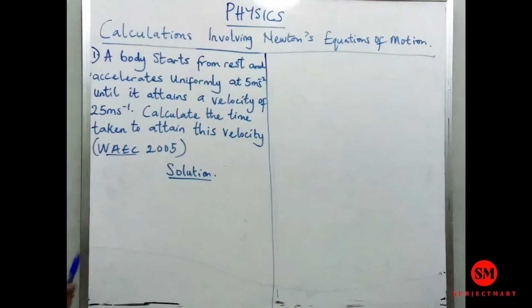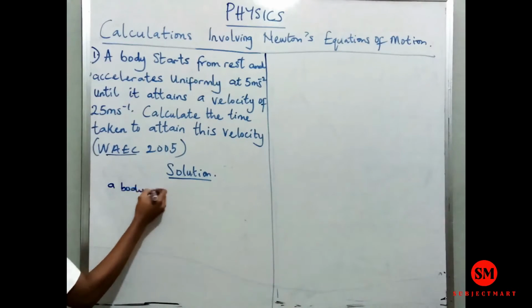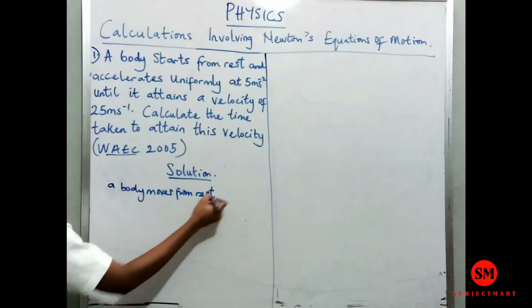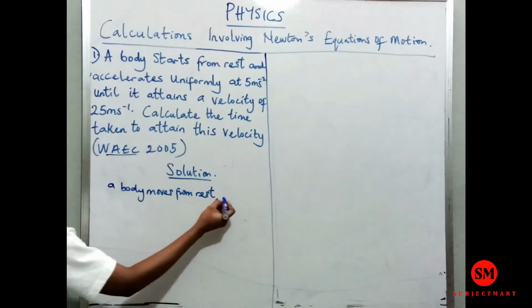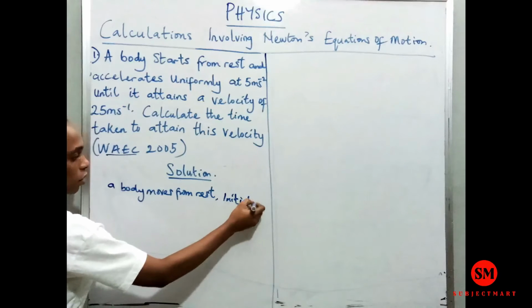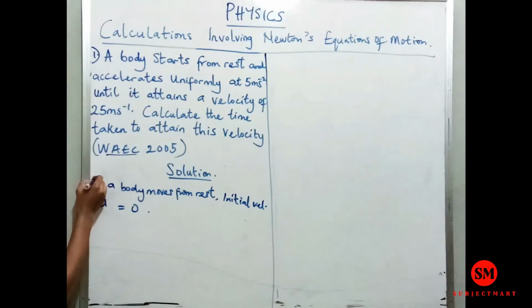Okay, before I move on, I'd like us to take note of 3 things. Now, when a body starts from rest, a body moves from rest, from rest, that means the initial velocity u will always be 0.